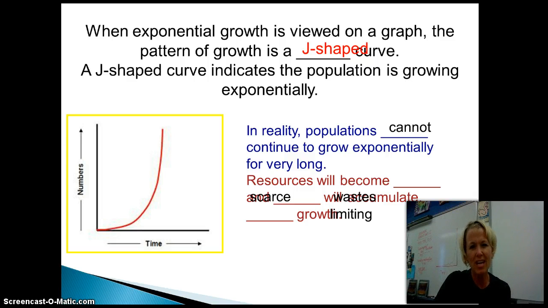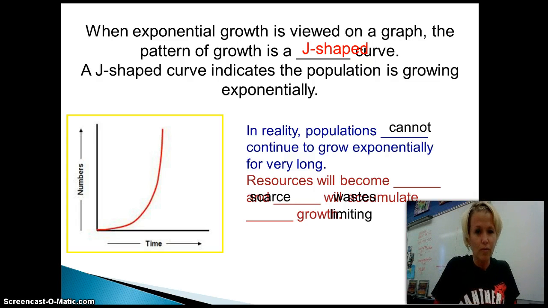You wouldn't think of waste accumulating as inhibiting population growth, but it can definitely do that. And all kinds of organisms, I mean, if you think of bacteria in one little petri dish, well, we learned that all cells have to do cellular respiration, even bacteria.